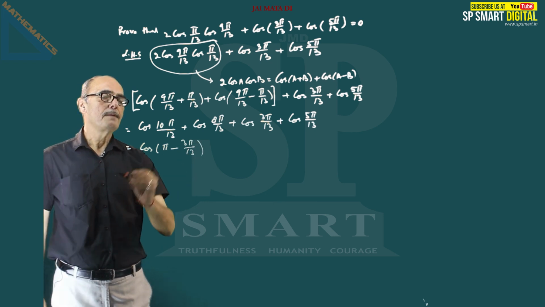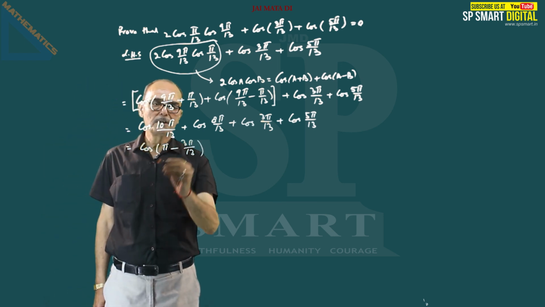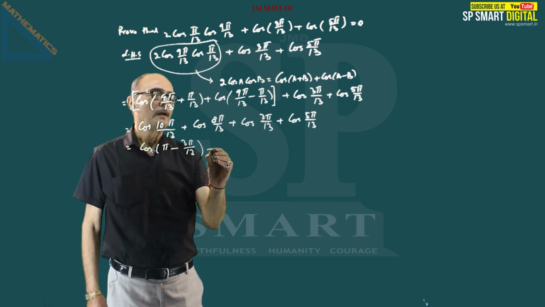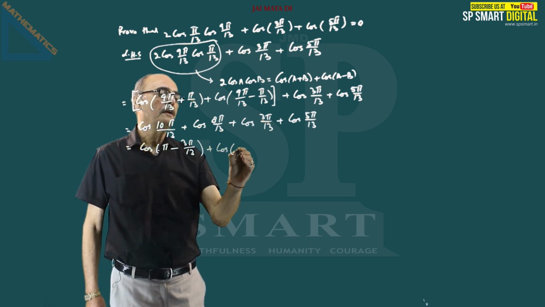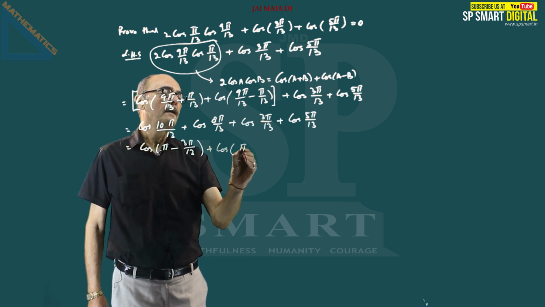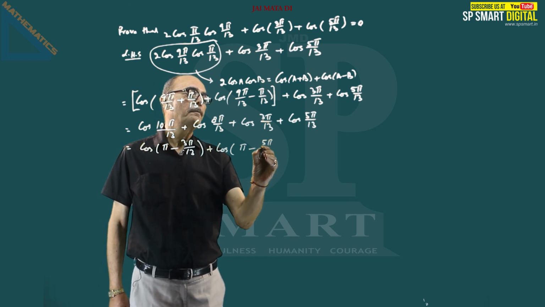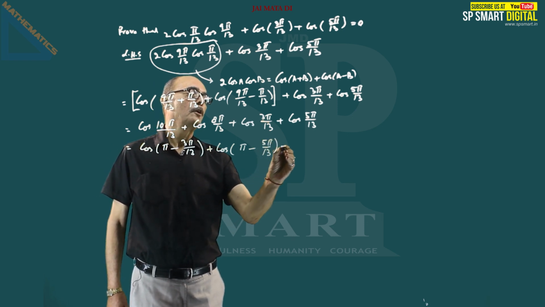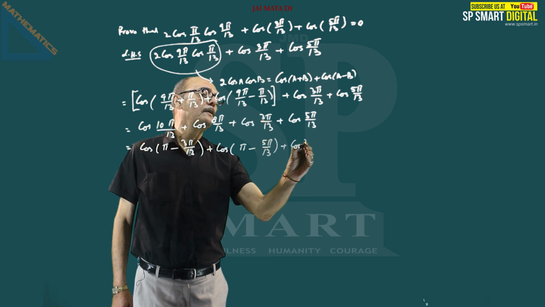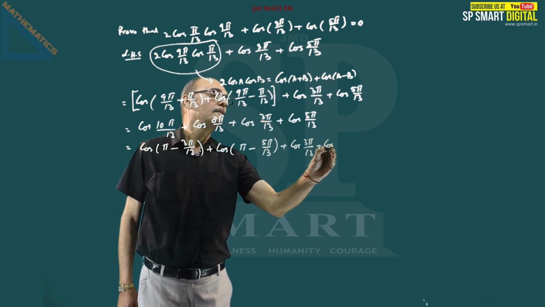If you take the LCM as 13, 13 pi minus 3 pi is 10 pi. Likewise, cos of pi minus 5 pi by 13 plus cos of 3 pi by 13 plus cos of 5 pi by 13.